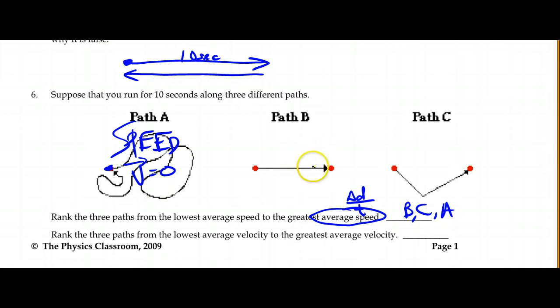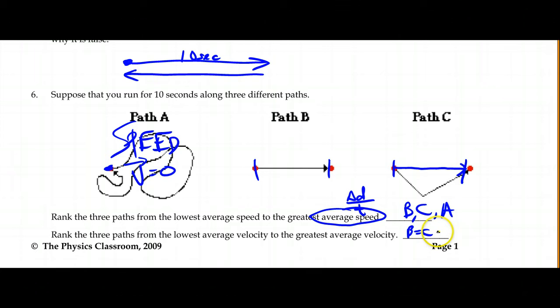Now, these two, we started from here, we went to here. If you look at that, those really look like the same change of position. Looks like the same distance to the right. So B and C would actually be technically equal if we're talking about the velocity, because our change of position is the same.